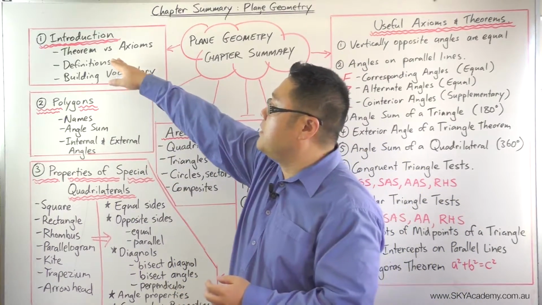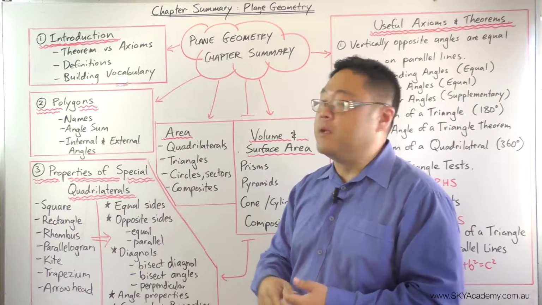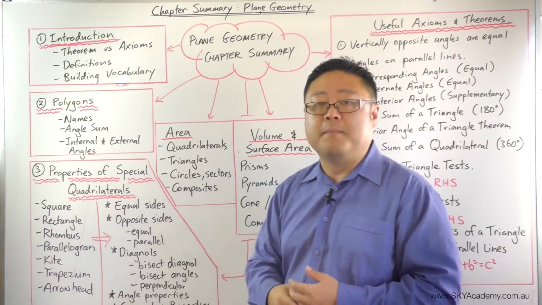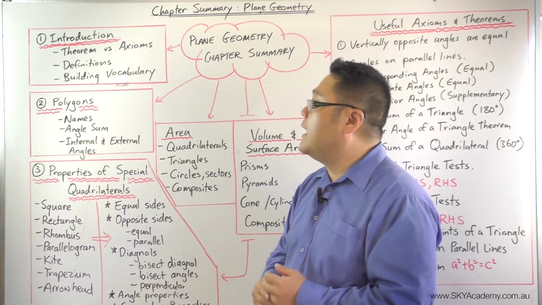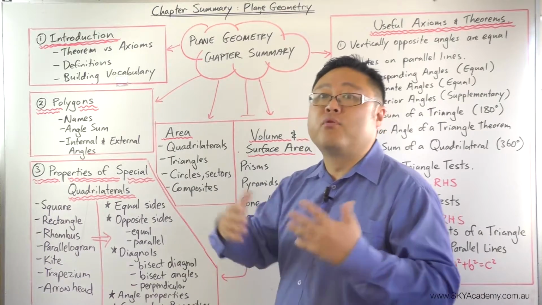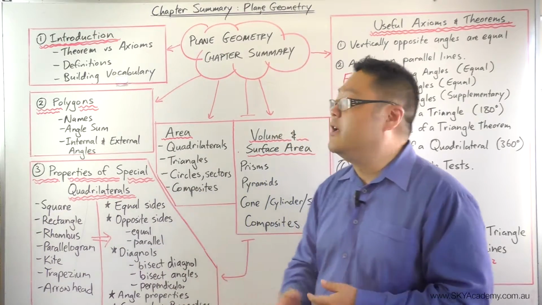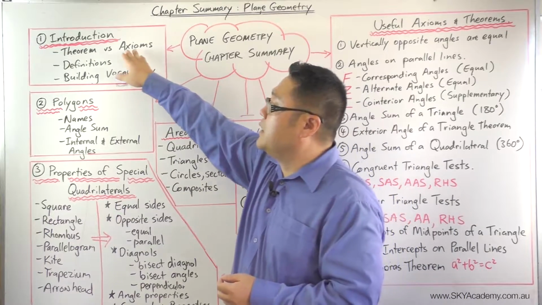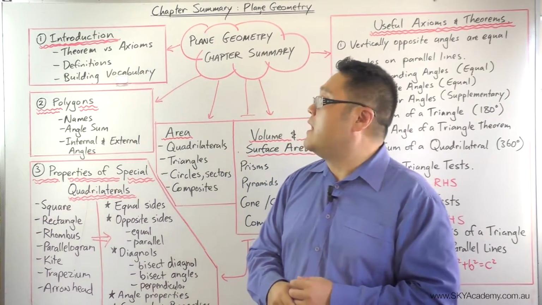Axioms also help us build an argument, or build a proof in geometry. And so we looked at the difference between theorems and axioms.